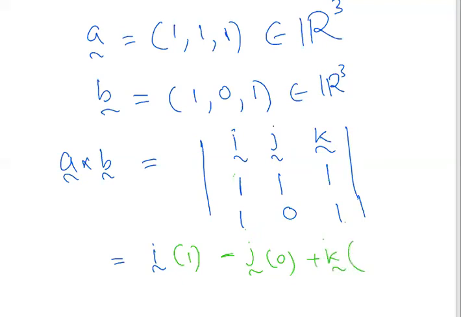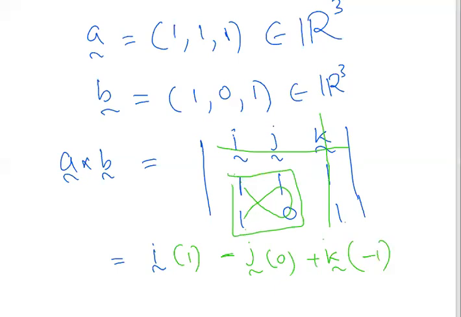We find the coefficient. Remove the first row and the last column, then you will get this matrix. The determinant of this matrix is 1 times 0 minus 1 times 1, which is negative 1.